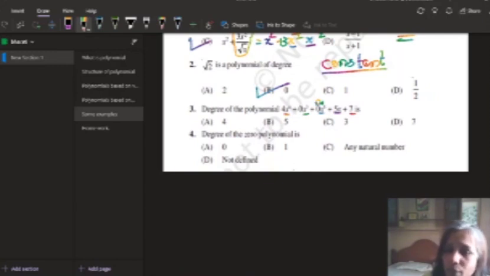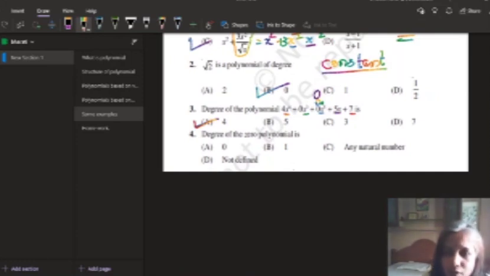It means if you multiply x to the power of 5 with 0, you will get 0 as answer. Therefore, you cannot consider this one for the degree. So what is left is 4x to the power of 4. So it is having the power 4. Therefore, it will be the degree of the polynomial. That is 4. Answer is A.